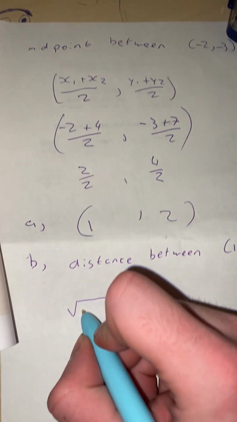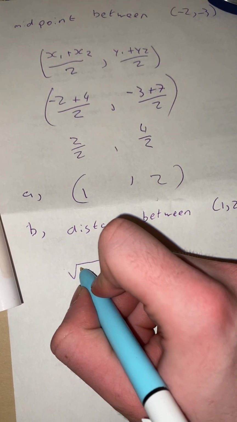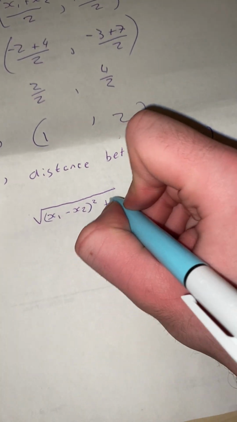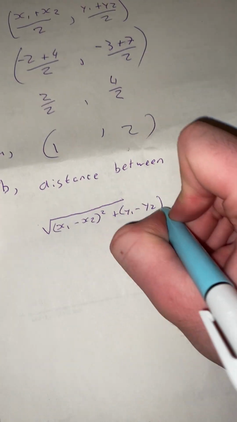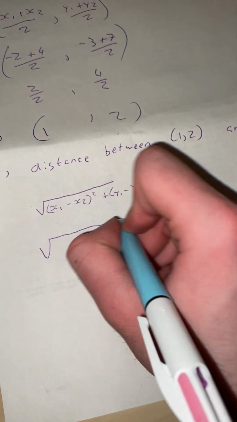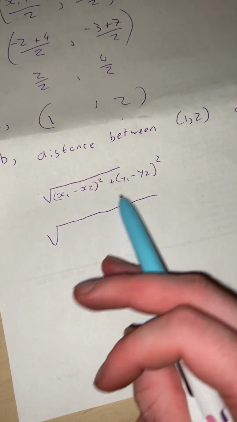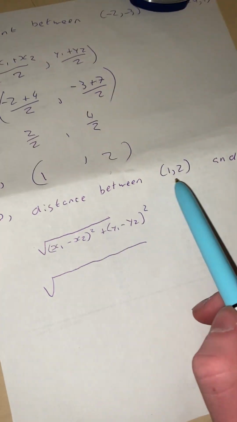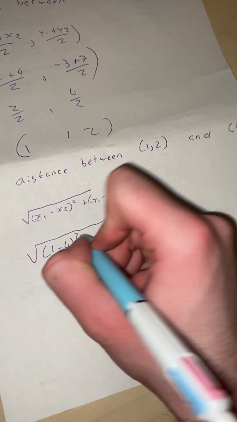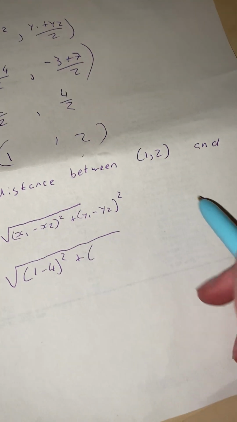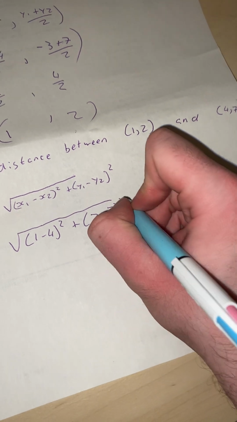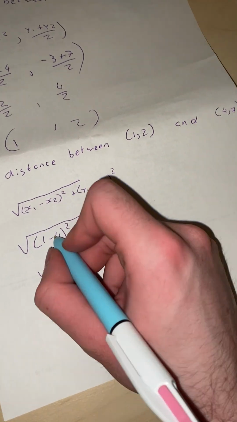Our formula is going to be the square root of x1 minus x2 squared plus y1 minus y2 squared. So we're finding the distance between those 2 points. We just need to sub in the difference between our x values squared plus the difference between our y values squared. So our x values, the first one is 1 and the second one is 4: 1 minus 4 squared. And our y values, the first one is 2 and the second one is 7: 2 minus 7 squared.